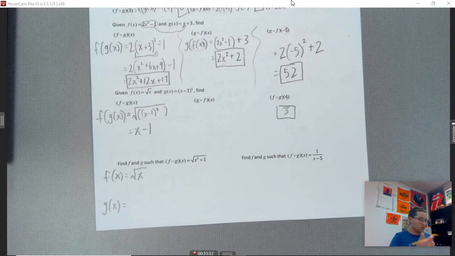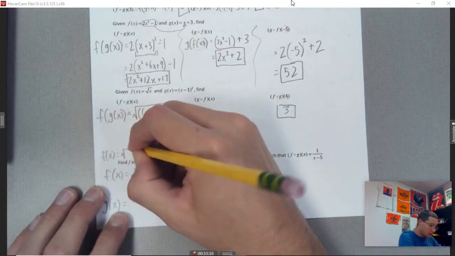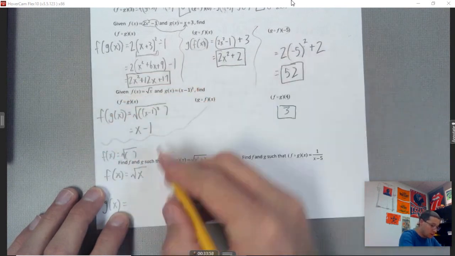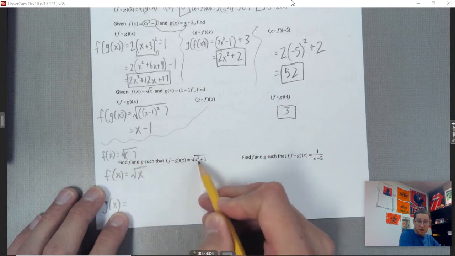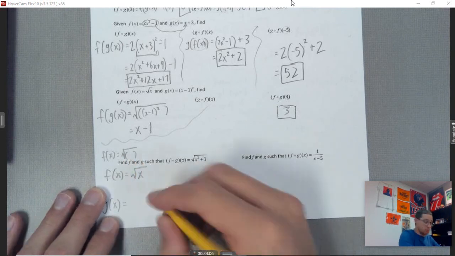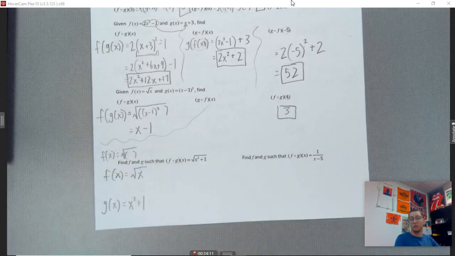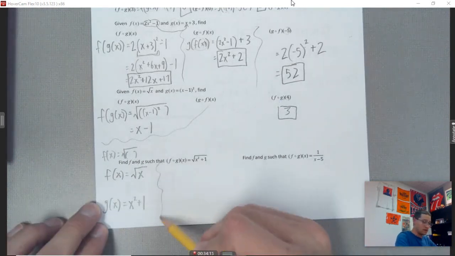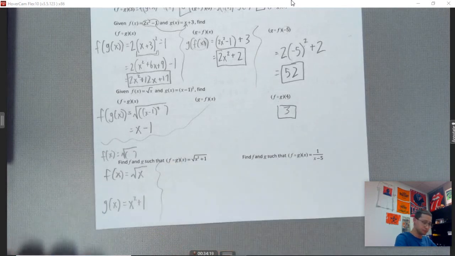Remember, if I were to rewrite it, it would be the square root of the parentheses. What is in the parentheses? I could put x squared plus 1. That would be an example of one pair of an f and a g that would make an f of g of x.